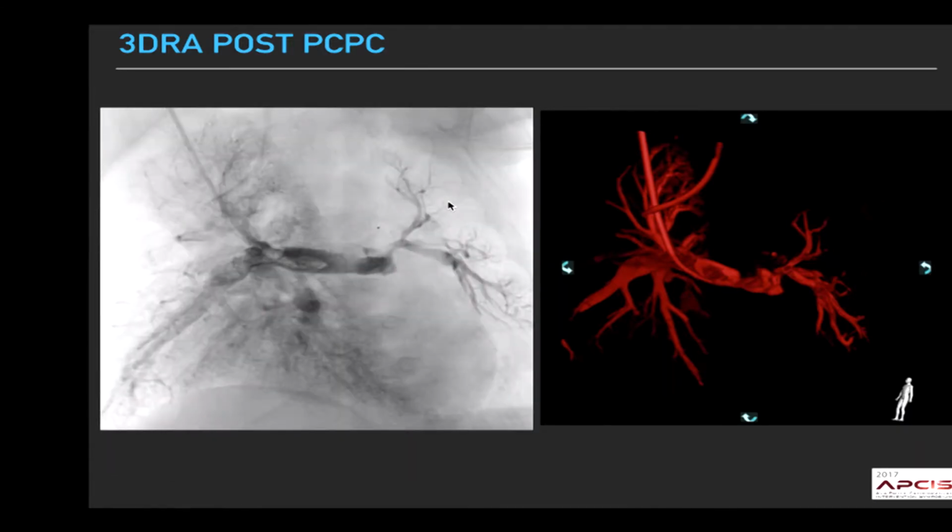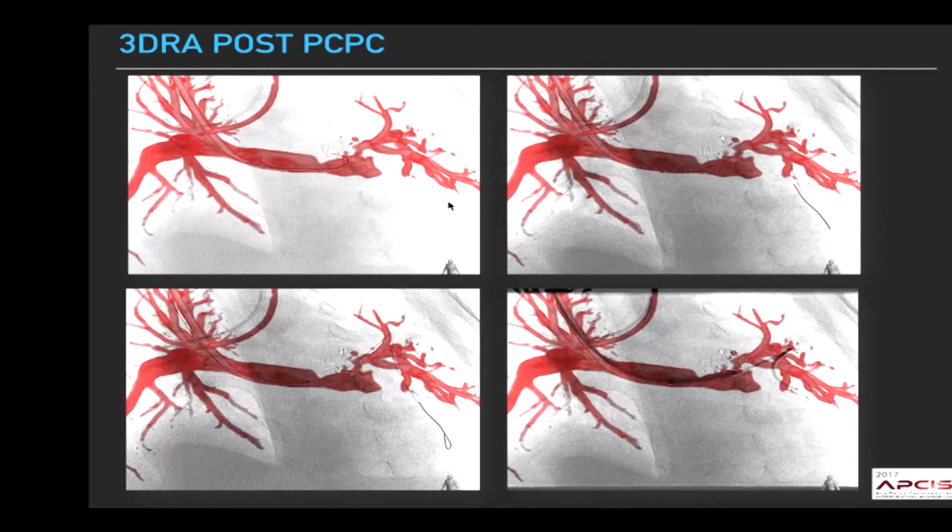So we use that 3D reconstruction to overlay it on 2D images and to guide our intervention. Here you can see we're introducing the stent, and hopefully on the next slide you'll be able to see the outcome of that intervention. Unfortunately, my slides are not running.